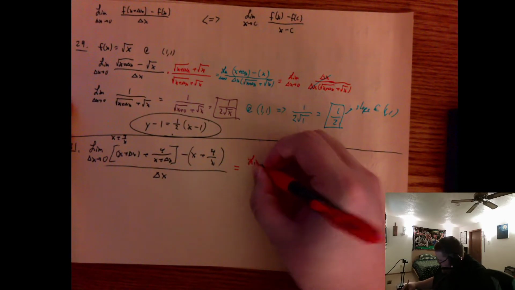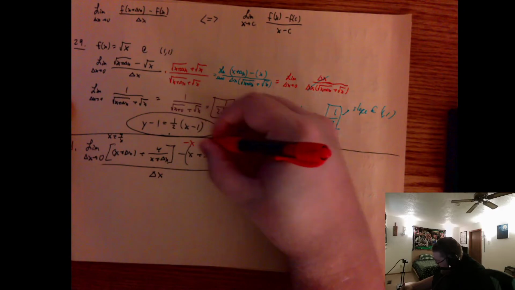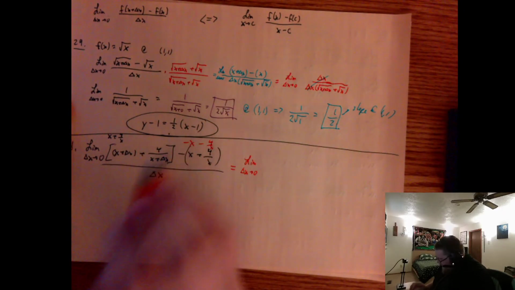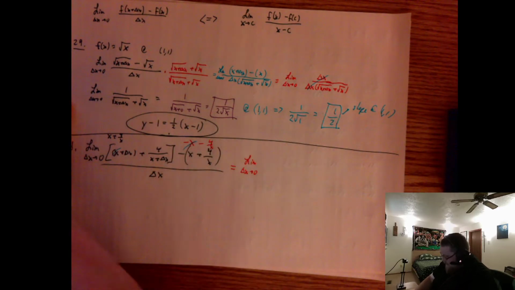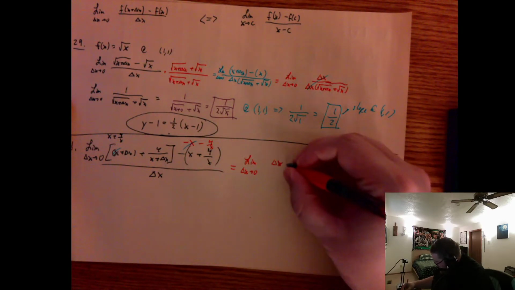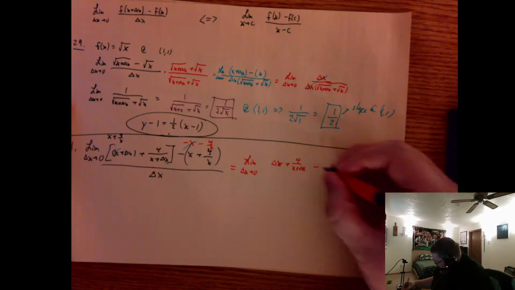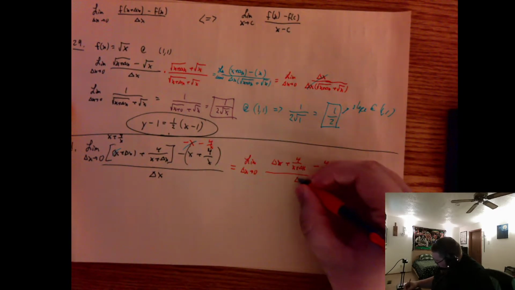Limit as delta x approaches 0 of, let's see, we distribute the negatives, this becomes negative x minus 4 over x, and that would mean that this negative x and that positive x are going to cancel, meaning I end up with delta x from the first parentheses plus 4 over x plus delta x minus 4 over x, because we distribute the negative, all over delta x.